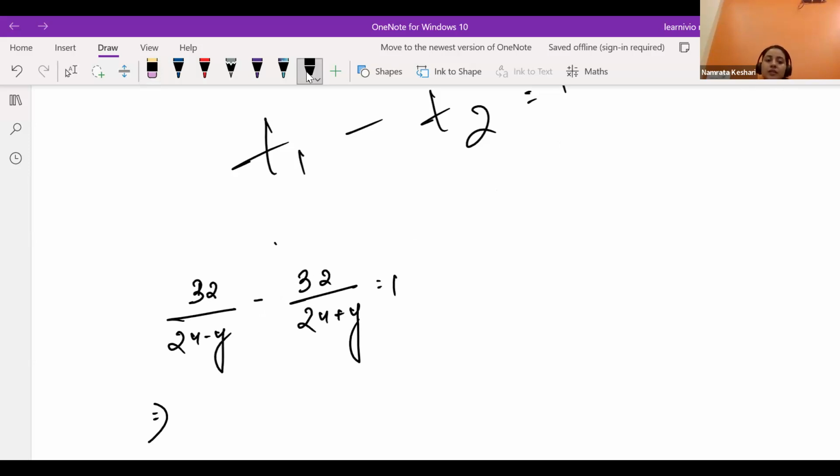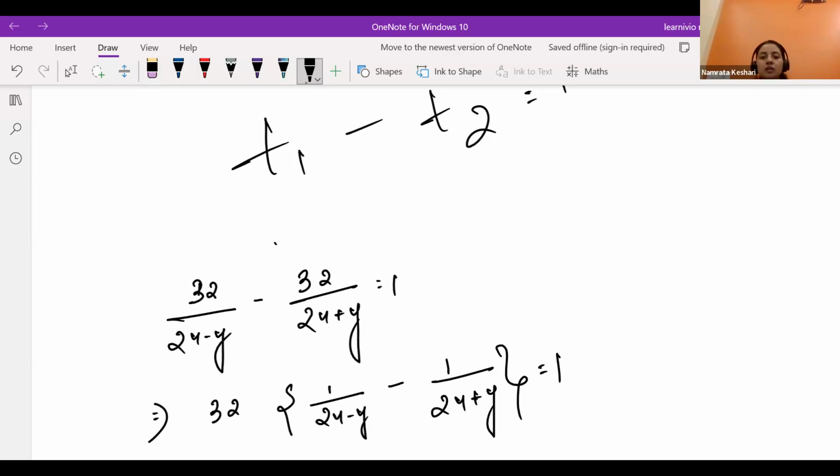If you take 32 common, the simplification will be simpler. So 32 times 1 by 24 minus y minus 1 by 24 plus y equals 1.